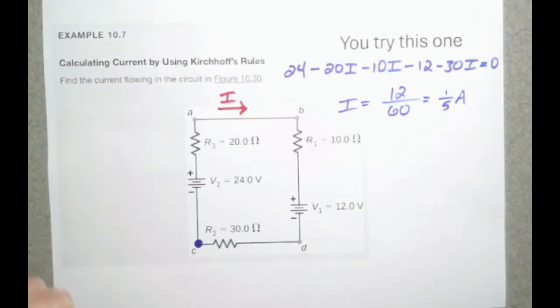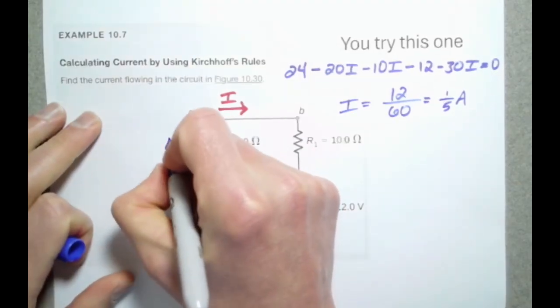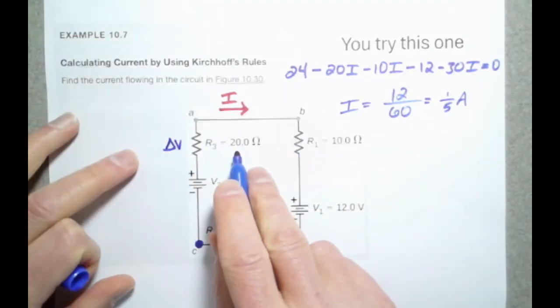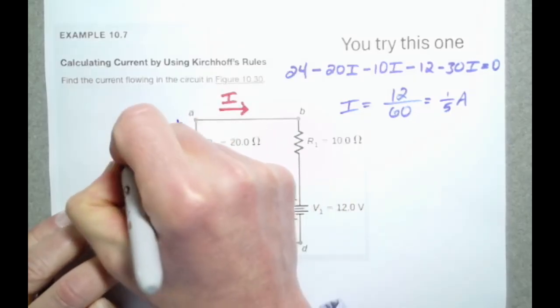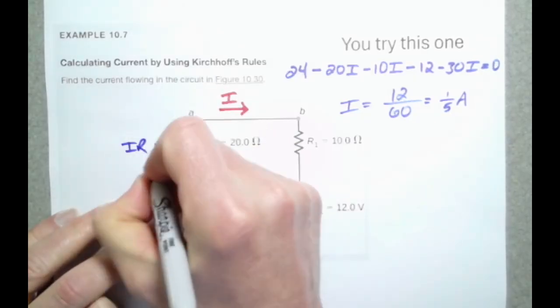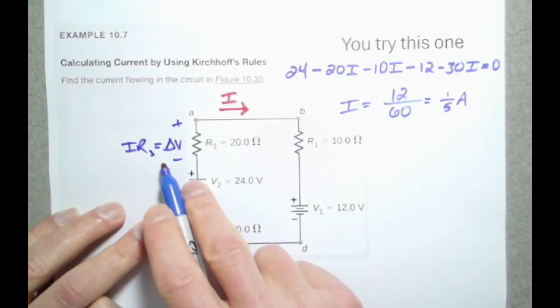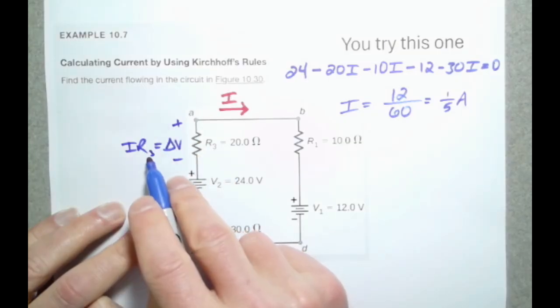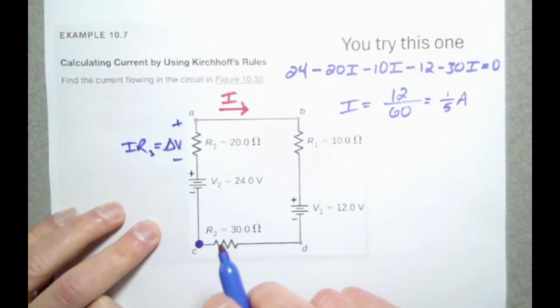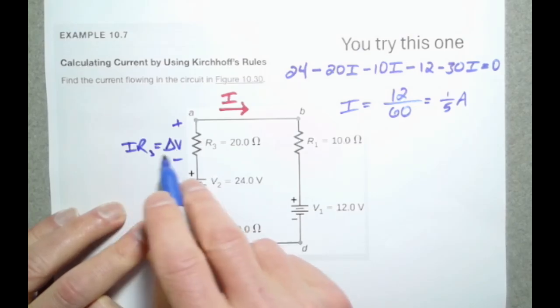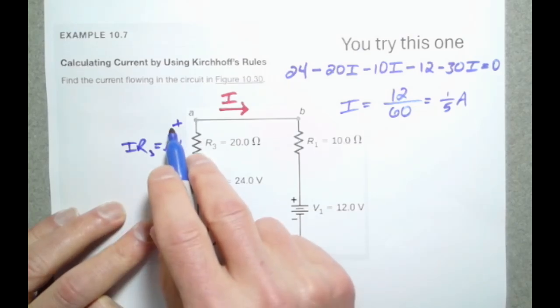Because what we're doing is delta V for this resistor goes down. So you're going down IR3, which is 20I. So you're going down 20I. So we're applying Ohm's law to each resistor.